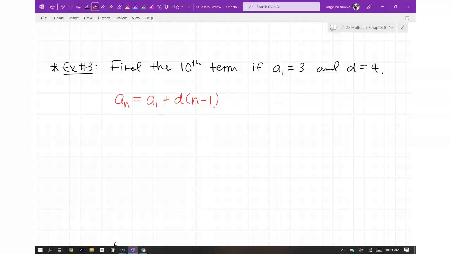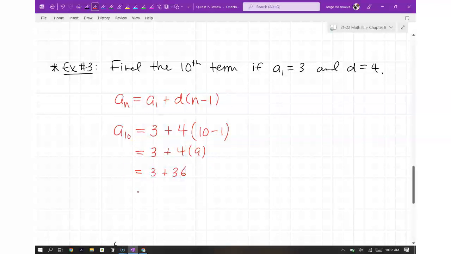That means n equals 10. So I'm going to put that in. A sub 10 is equal to a sub 1, which is 3, plus d, which is 4, times (n minus 1). Remember, n is 10, so that's 10 minus 1. So that's 3 plus 4 times 9. 3 plus 36. So the 10th term is 39.